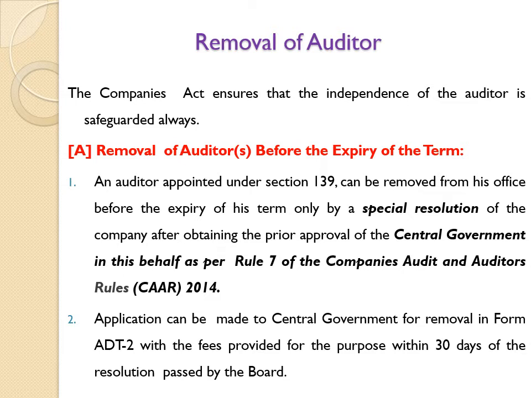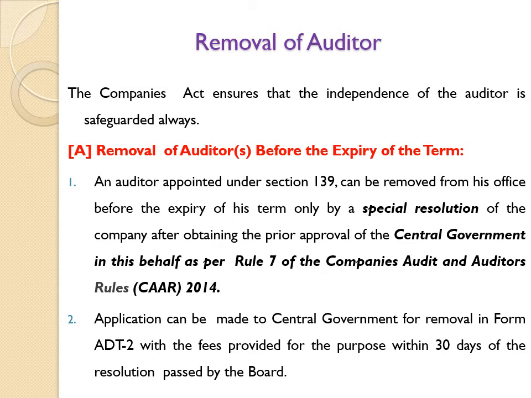An auditor appointed under section 139 can be removed from his office before the expiry of his term only by special resolution of the company and after obtaining the prior approval of the central government. Hence, for removal of auditor before the expiry of term, a company is required to pass a special resolution, and approval of the central government is essential for that.